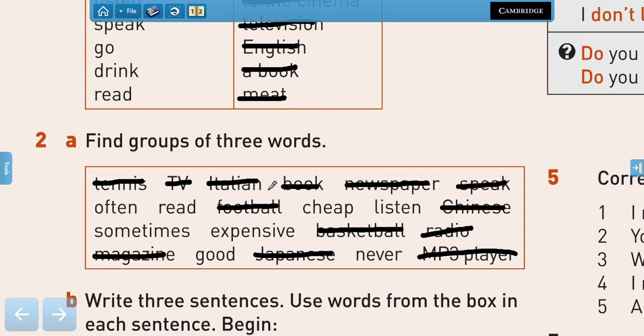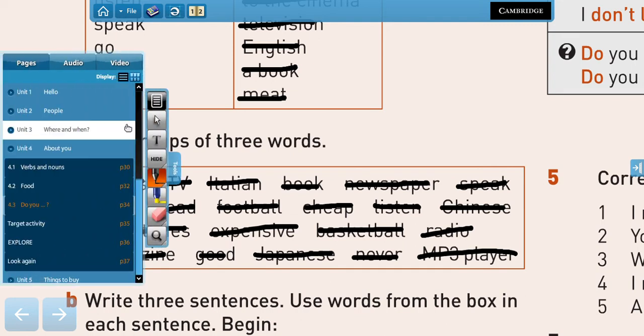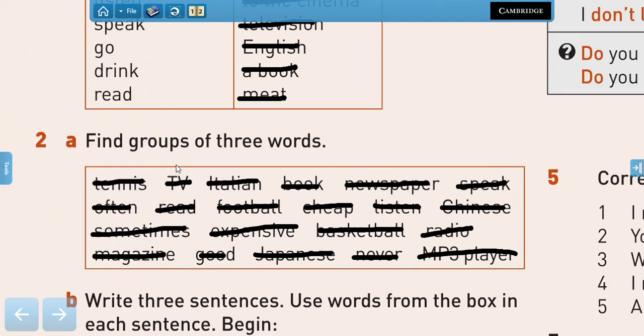Speak, a verb, right? Read and listen. Often, sometimes, and never. Very good. And the last ones are cheap, expensive, and good. Did you have them all correct?